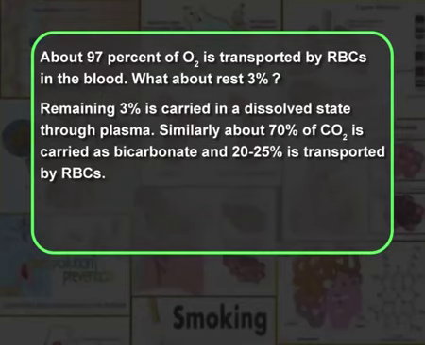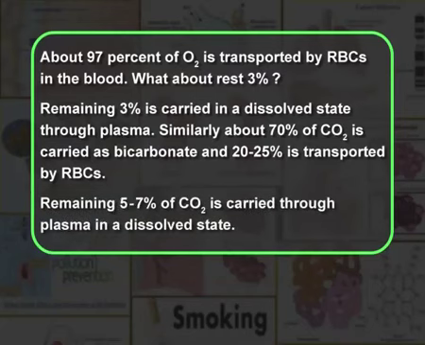That remaining 3% is carried in a dissolved state through plasma. Similarly, about 70% of carbon dioxide is carried as bicarbonate and 20 to 25% is transported by RBCs. The remaining 5 to 7% of carbon dioxide is carried through plasma in a dissolved state.